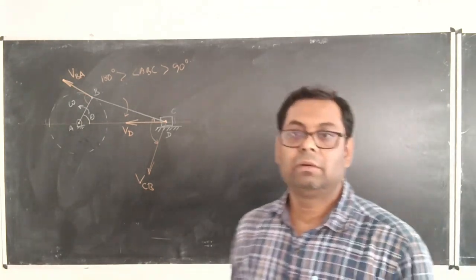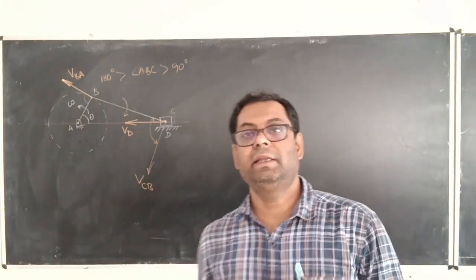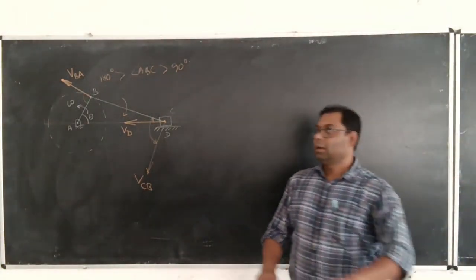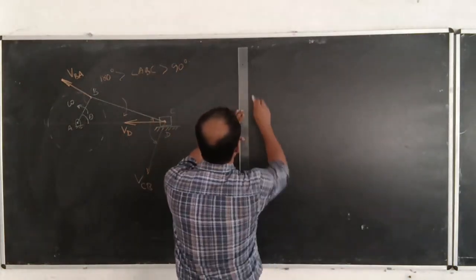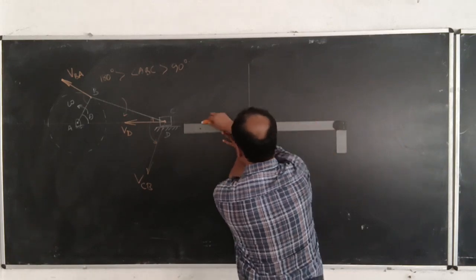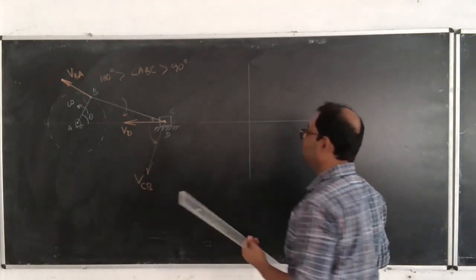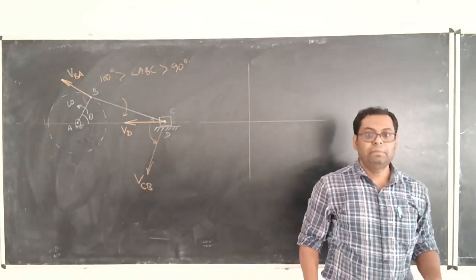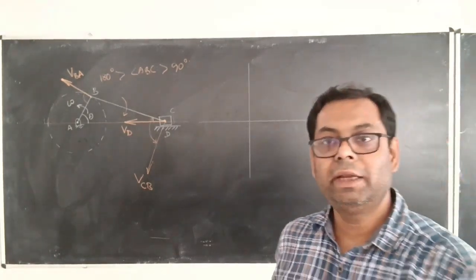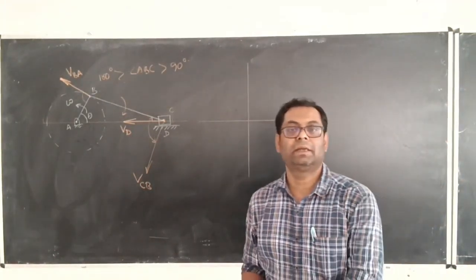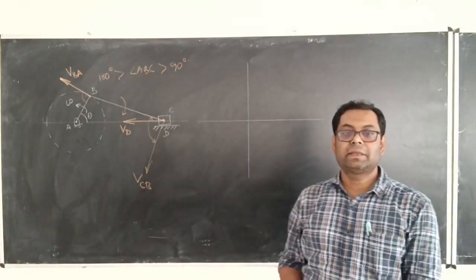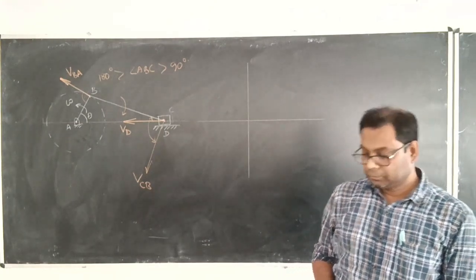For that, what we need to draw first is the reference x and y axes, which are two mutually perpendicular axes. I am drawing them by common sense, but you should not draw it like that. Use your instrument protractor and compass for drawing the x and y axes accordingly.